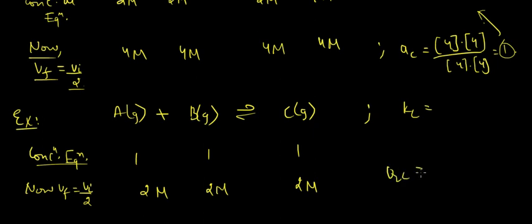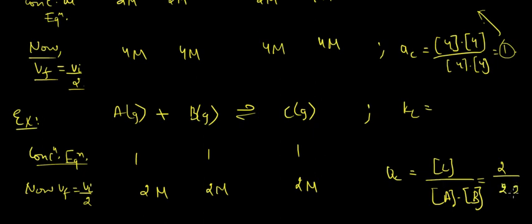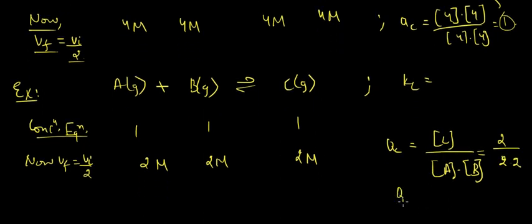So Qc here would be nothing but the concentration of gas C divided by the concentration of gas A into gas B. So the concentration of gas C is 2 divided by 2 into 2, so that would be half.